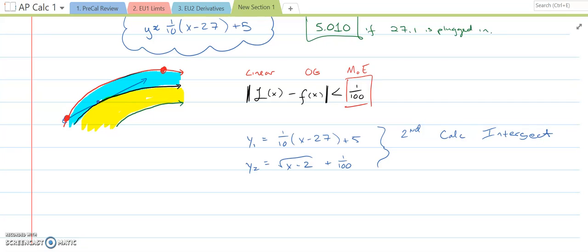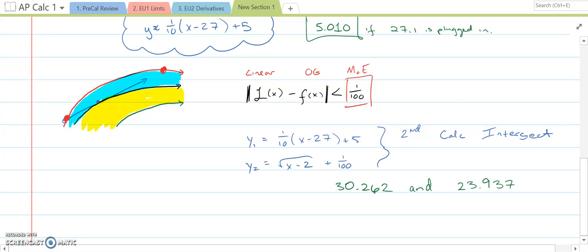And I'll tell you what, we thought it was a great estimator. We thought for sure we had created something that was going to be useful at 27.1, but I found out that my values are like 2/10 off. It's not actually a good estimator when I plug in my points. The points that I get, the points of intersection for those two curves, ended up being at 30 and 23.9.